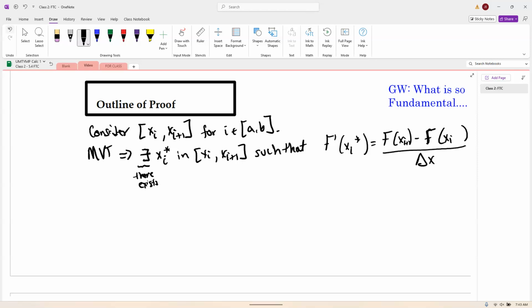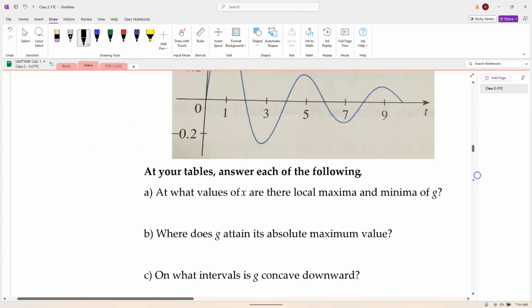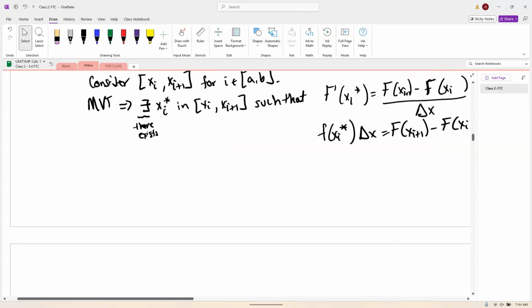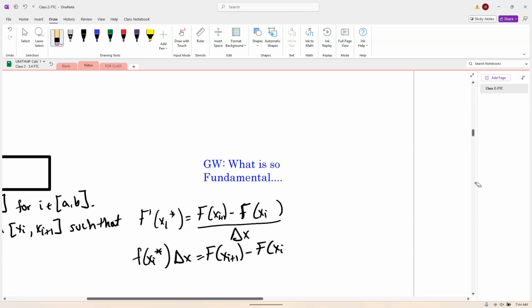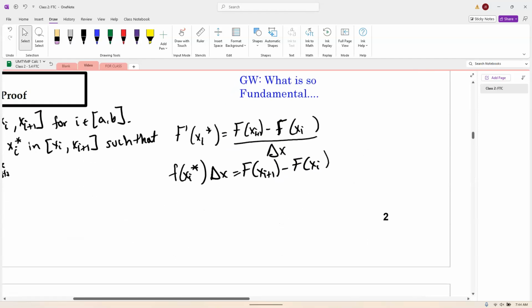If I rearrange this, big F prime of xi star, which is the same as little f of xi star, times delta x is equal to big F of xi plus 1 minus big F of xi. Then what do we know?